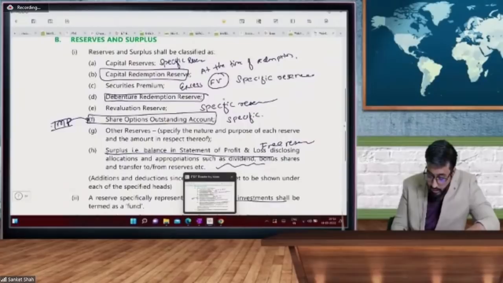Very good. So DRR is created every year. And which company? All companies have to create DRR. And what is the percentage that you have to create for DRR? So it's just a revision of your past chapter. But don't give answers on the Telegram channel.